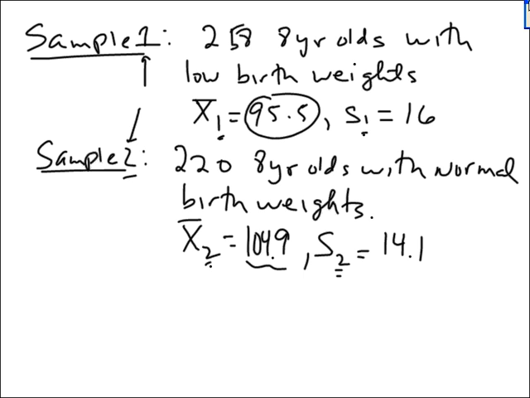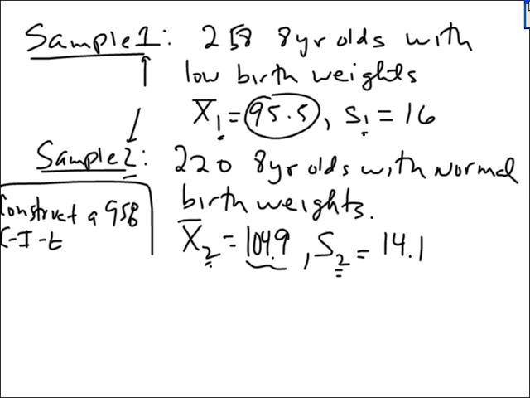Now, we want to construct a 95% confidence interval estimate of the difference between the mean IQ scores. So between mu1 and mu2.